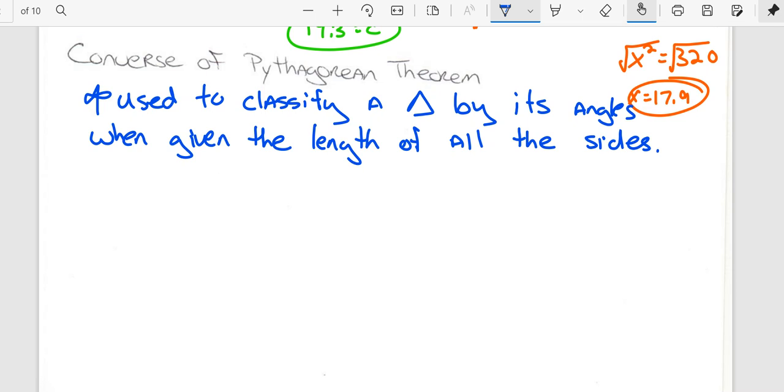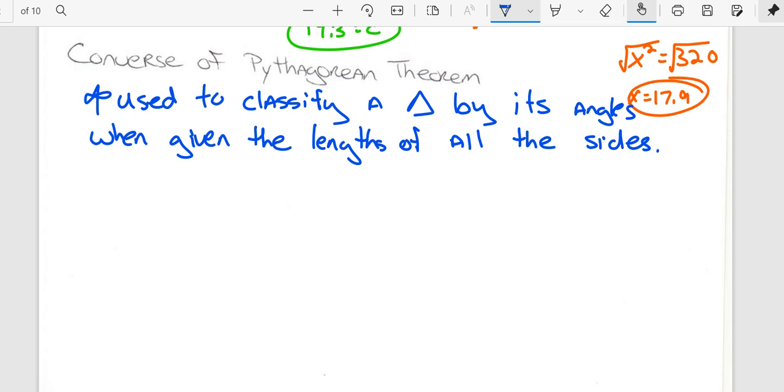All right. So, this converse of the Pythagorean theorem is used to classify a triangle by its angles when given the lengths of all three sides, all the sides.